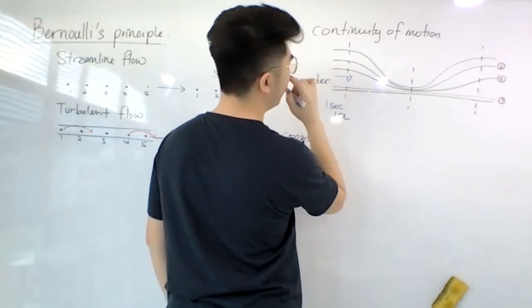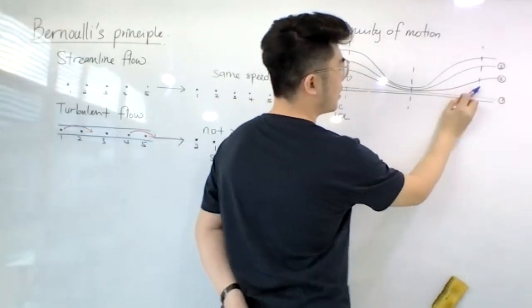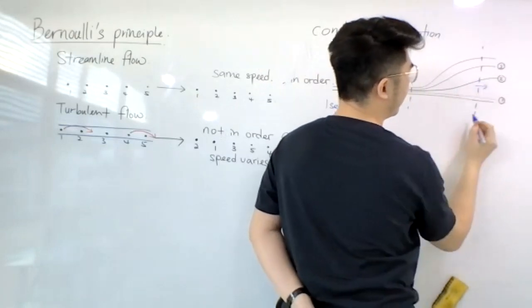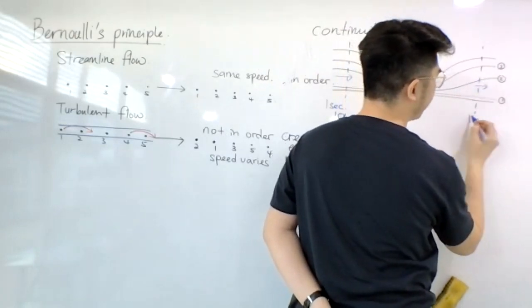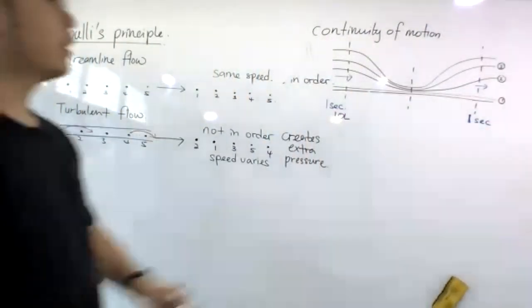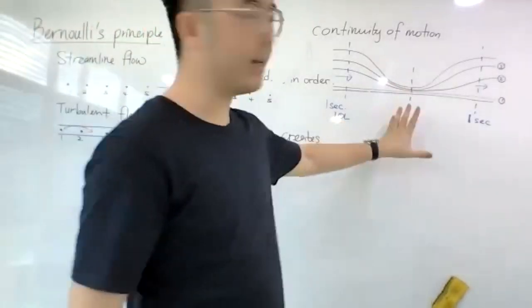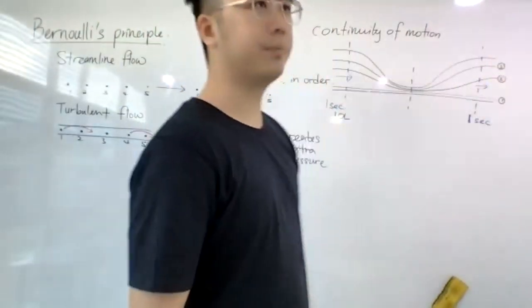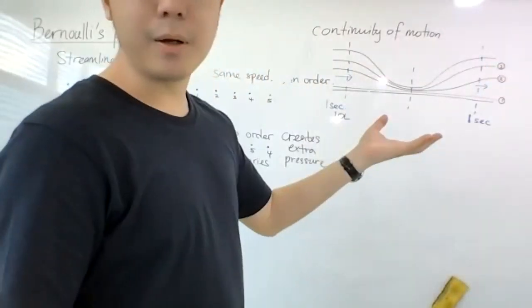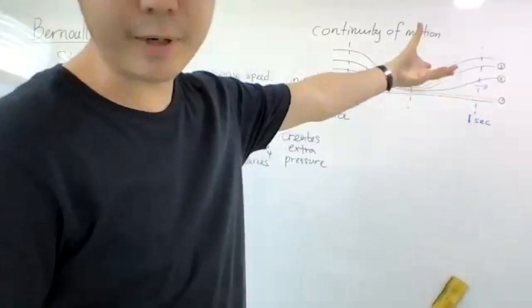How much water do you think is coming out of here in 1 second? Same as over here, in 1 second there will be 10 liters coming out. Why 10 liters? Because how much I send in, how much I get out, right?